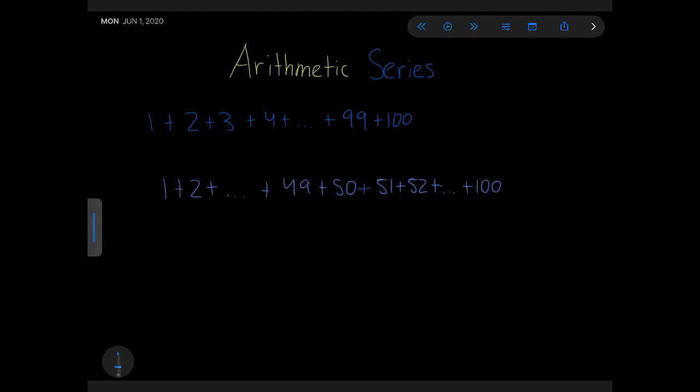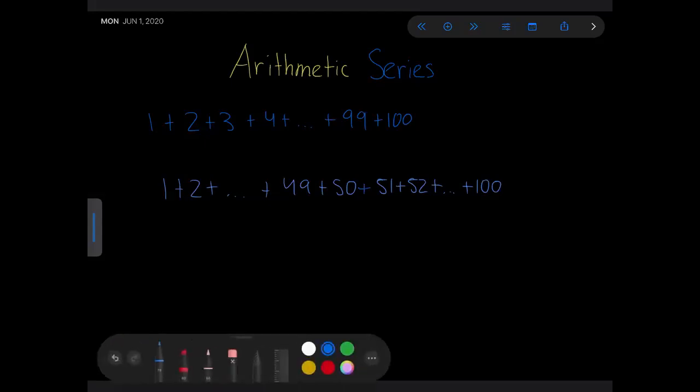If this problem looks familiar to you, you probably know the story of Carl Gauss and how he was able to calculate this in a couple seconds when he was 7 years old, when the teacher asked him. We're going to find out how he did it. Now, obviously, one of the ways you can do it is you sum everything up. You just do 1 plus 2 equals 3, 3 plus 3 equals 6, 6 plus 4 equals 10, but this is going to take forever. It's certainly not going to be doable for someone who's 7 years old.